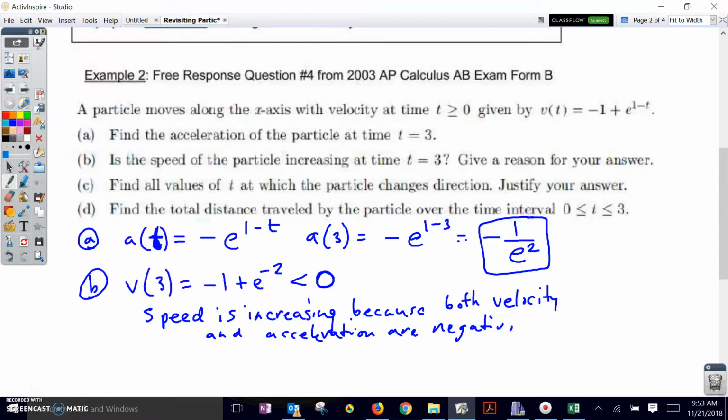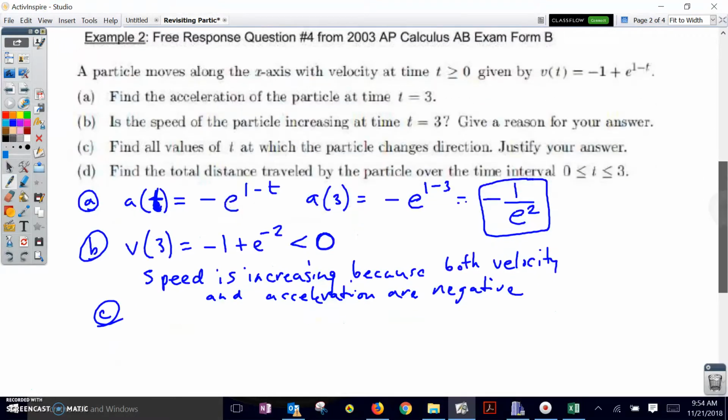On to part C. Find all values of t at which the particle changes direction. Justify your answer. We've previously discussed, when we were talking about derivatives, that the particle changes direction when velocity is equal to 0. So we go ahead and set the velocity function equal to 0 and solve for t.